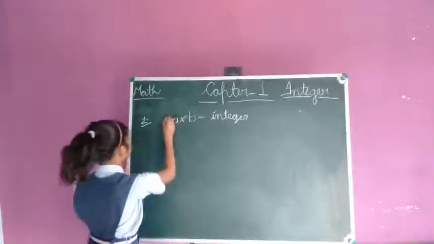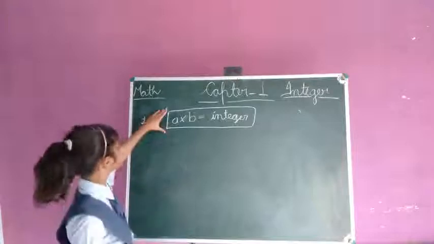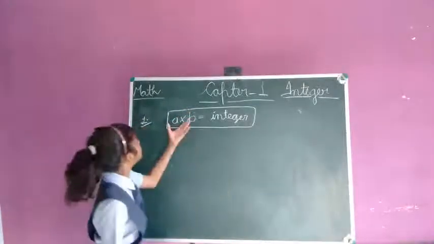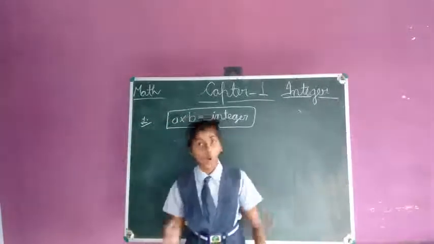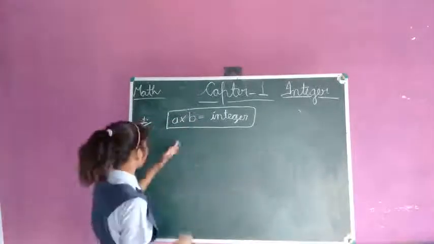Correct, friends? This is our closure property. If A and B are any two integers, then A into B will also be an integer. Okay, friends? Just like addition, it is also.